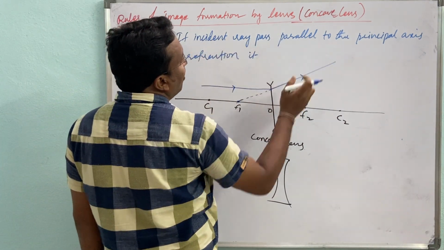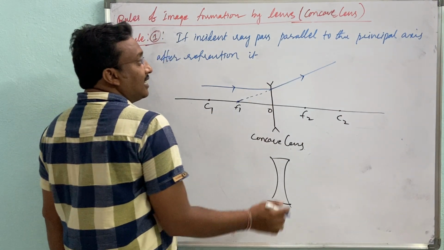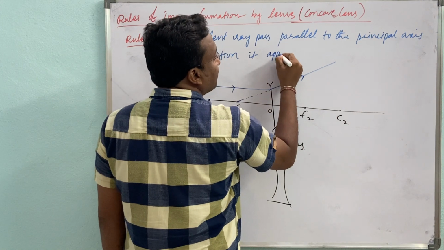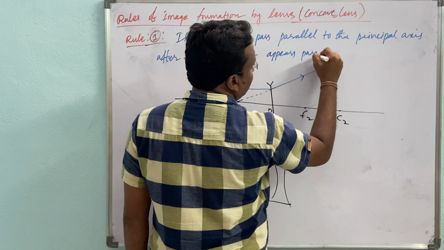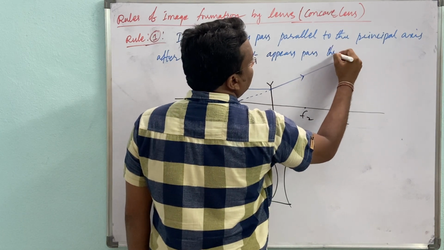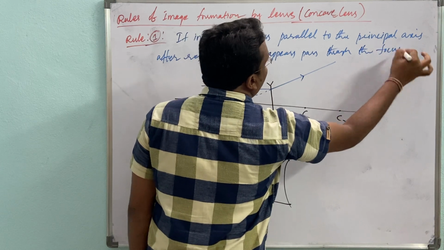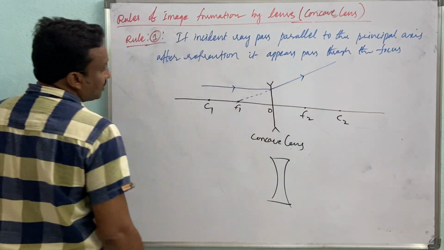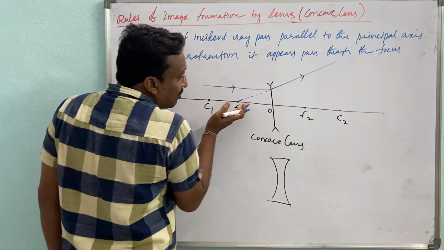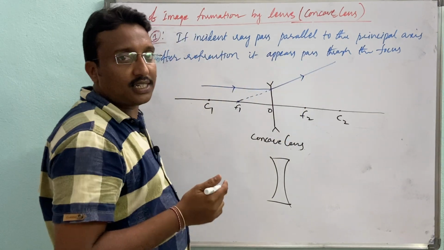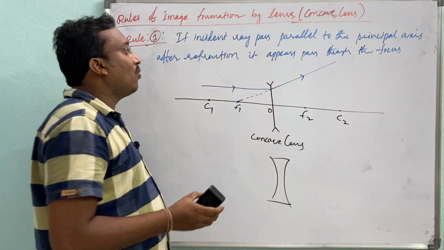If the incident ray passes parallel to the principal axis, after refraction, it appears to pass through the focus. Or it appears to travel from the focus. It appears to emit from the focus. Got it? Right. Then this is rule 1.